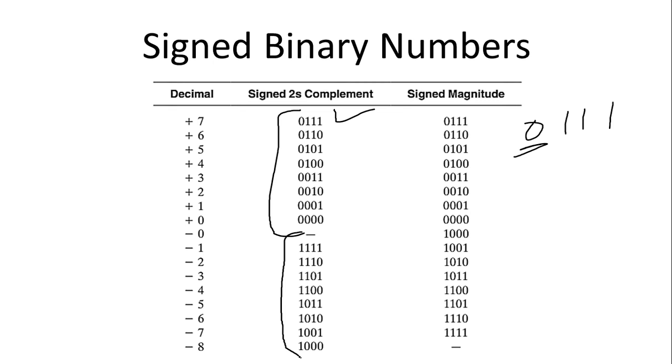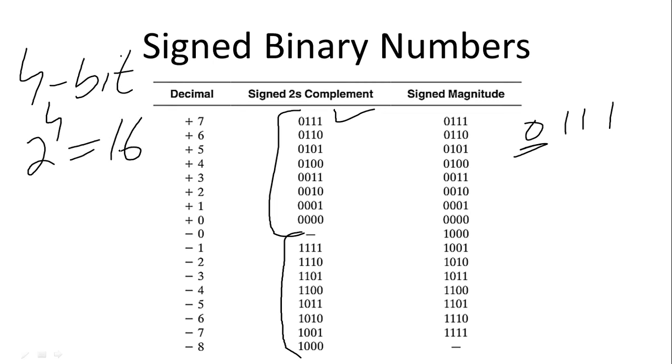Signed numbers also affect the range of binary numbers. For example, if we are talking about 4 bits, total possible combinations are 2 raised to power 4, which is equal to 16.